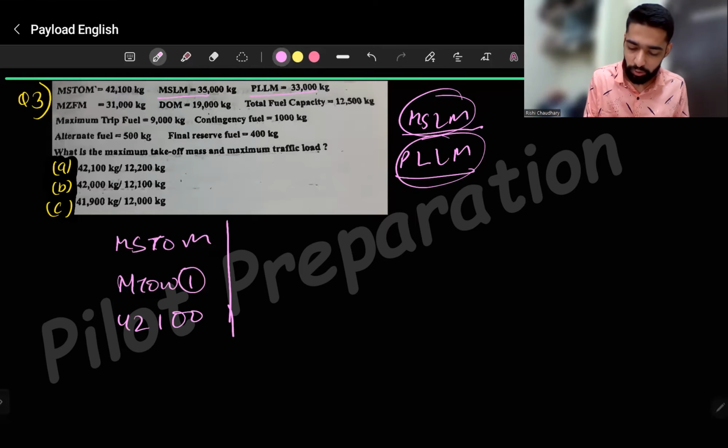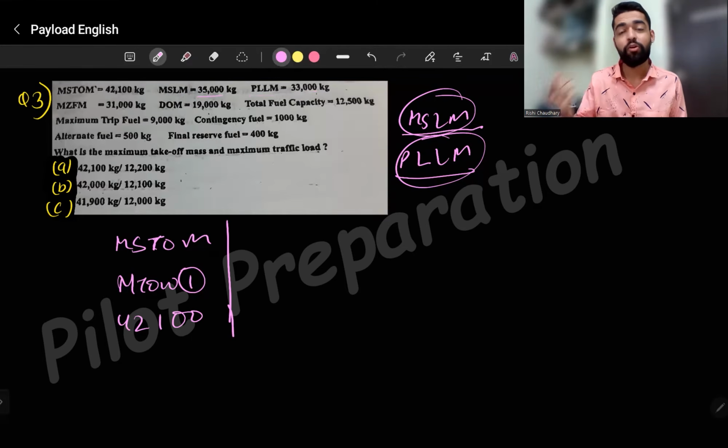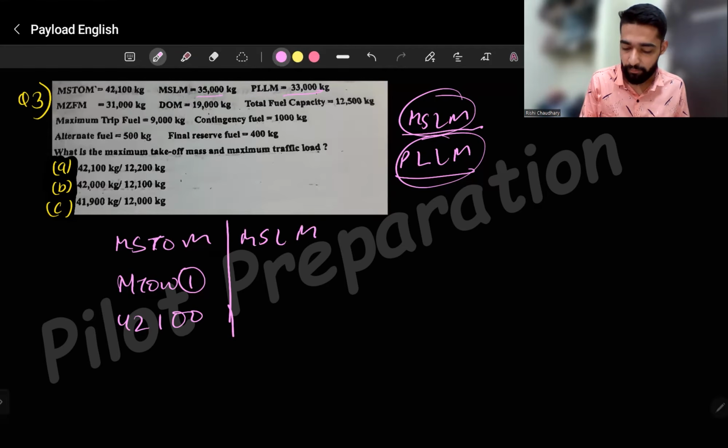That means you don't need to write this value at all, because this is MSLM, which is 35,000 and this is 33,000. So which will give me the lower value? 33,000 will give me the lower value. So I should put directly here the lower value. But for now, for you guys, I will put both. So this is my MSLM, which is maximum structural landing mass, and this is performance limited landing mass.